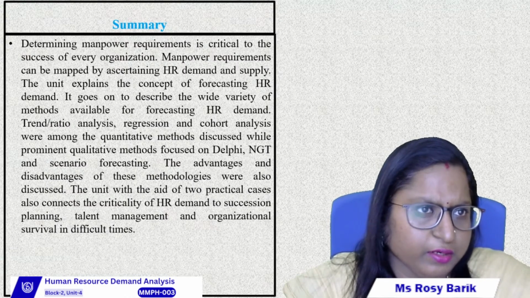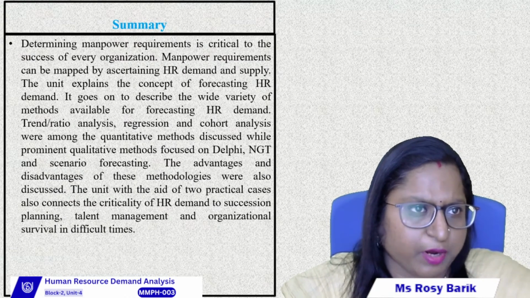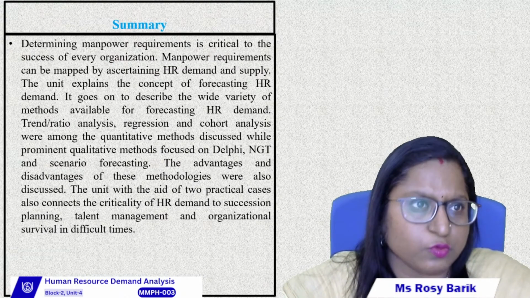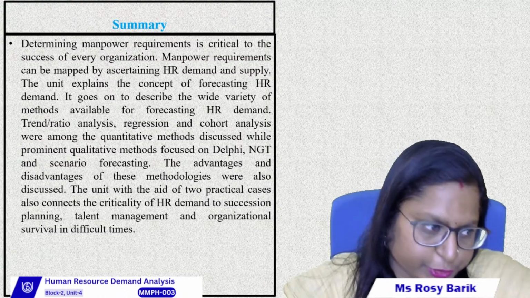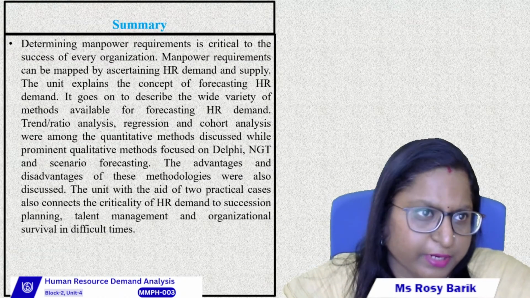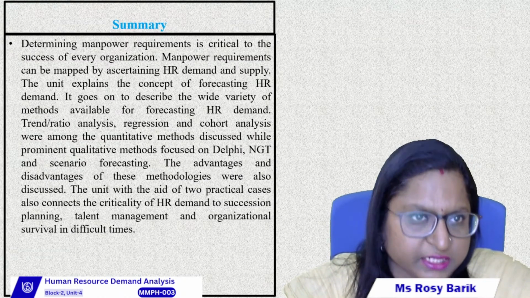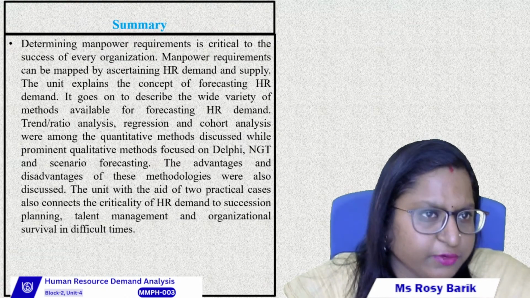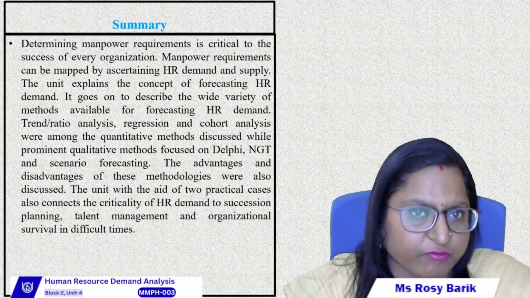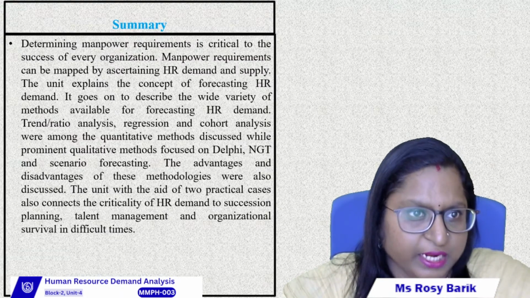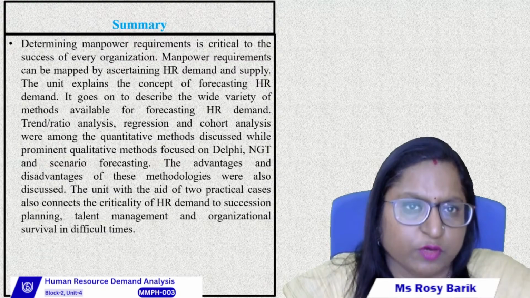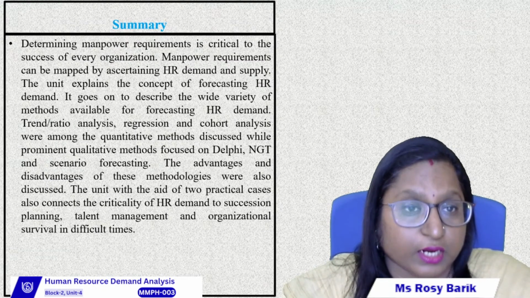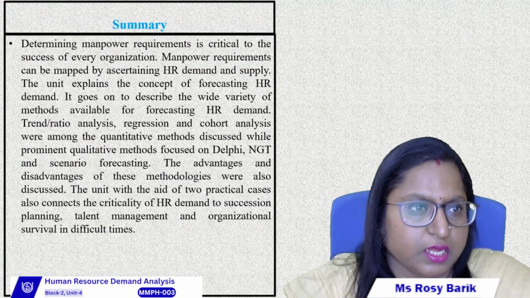So today we had discussed that determining the manpower requirements is critical to the success of every organization. Manpower requirements can be mapped by ascertaining HR demand and supply. This unit explains the concept of forecasting HR demand. It goes on to describe the wide variety of methods available for forecasting HR demands.